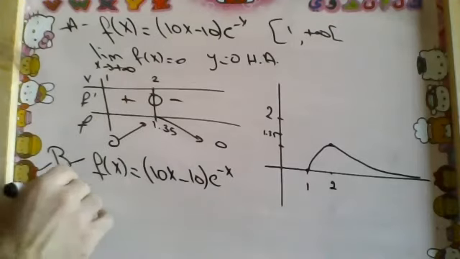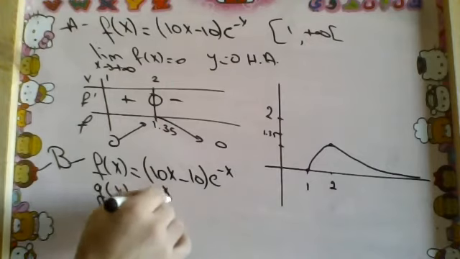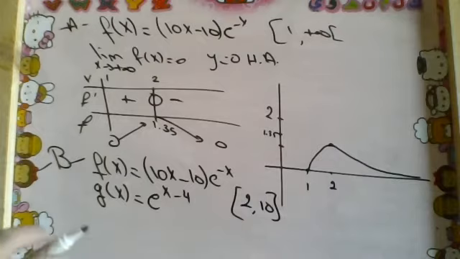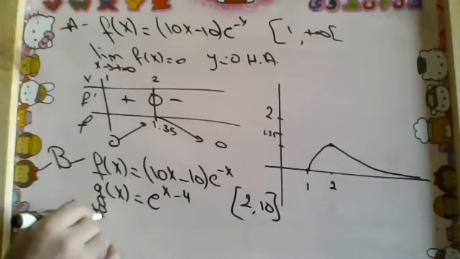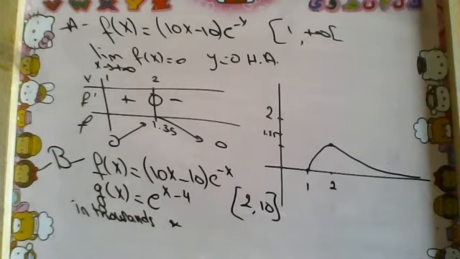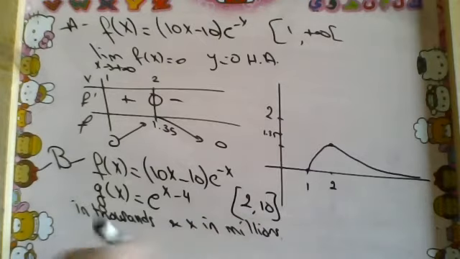This is the demand, and the supply function g is equal to e to the power x minus 4 over the interval [2, 10], where f of x and g of x are in thousands, and x, the unit price, is in millions.